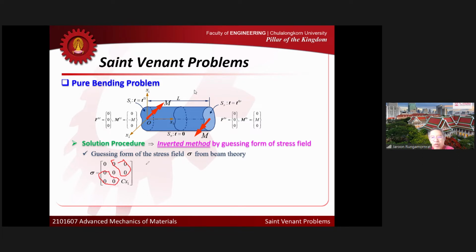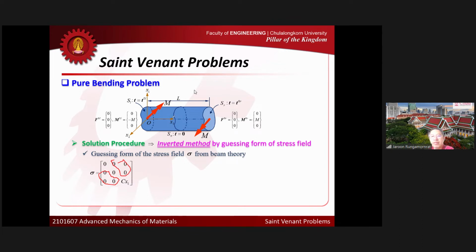And how about the normal stresses? Based on the bending moment that I apply here, I apply the bending moment about the x2 axis. So that will generate what? It will generate stress normal to the cross section, right? Okay, so that should be sigma 33.